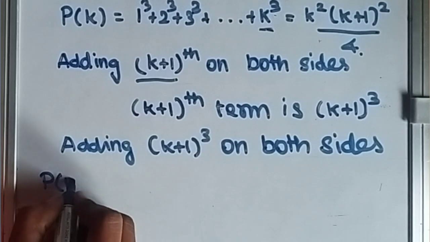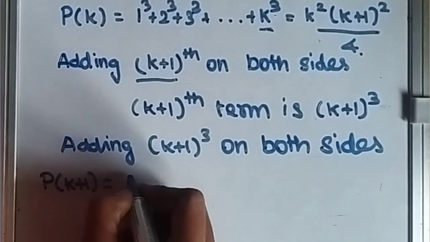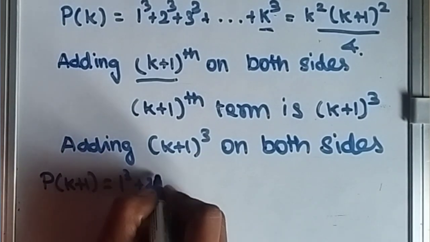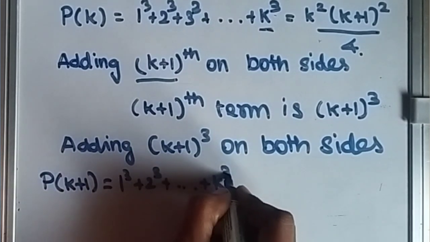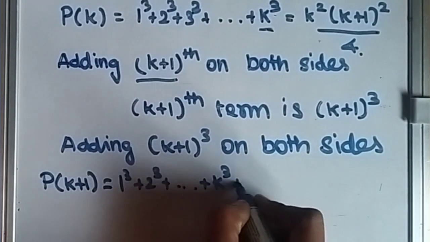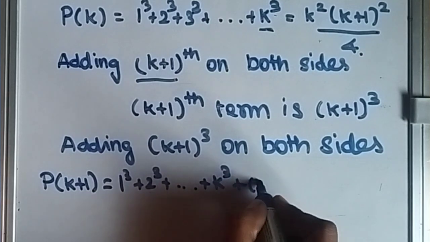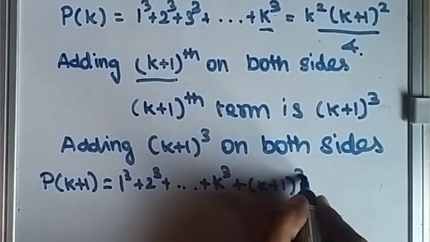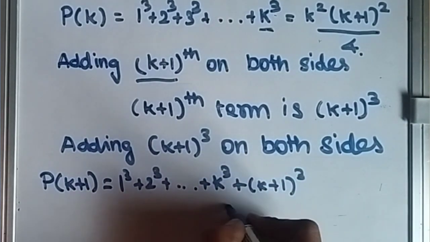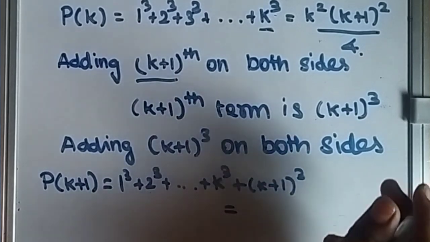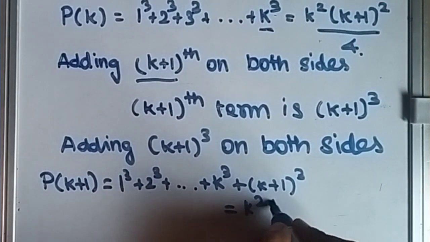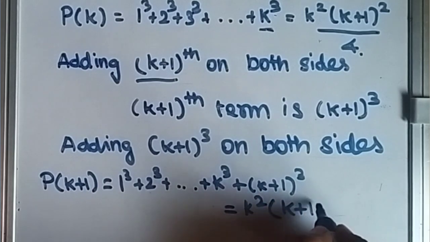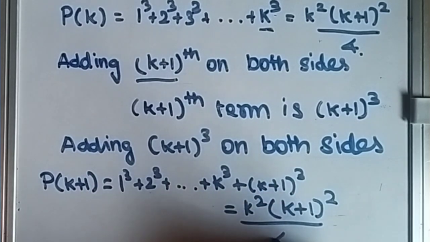So p of k plus 1 equals 1 cube plus 2 cube and goes on up to k cube. Now we are adding the k plus 1th term. What is that? K plus 1 the whole cube, which equals what we have here, k squared multiplied by k plus 1 the whole square divided by 4.